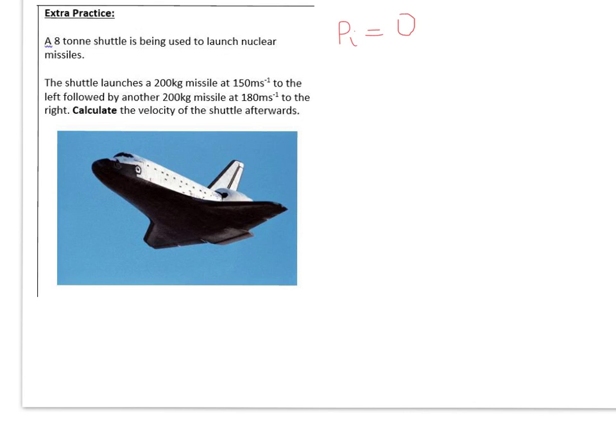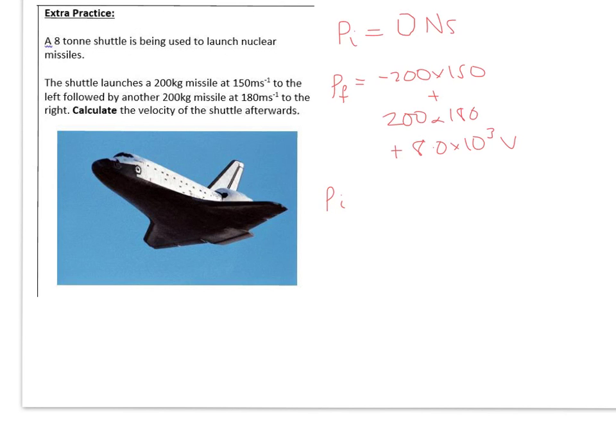You're not given any information, so we're just going to assume it is stationary. The final momentum would therefore also have to equal this, but we're going to calculate it, so it's going to be minus 200 times 150 plus 200 times 180 plus 8 times 10 to the 3, so these are 8 times your velocity.